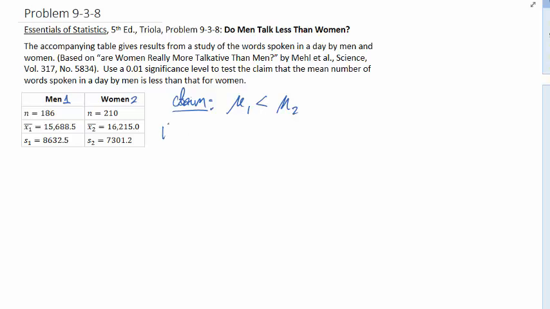More importantly, we want to assign our null and alternative hypothesis. Since this is a statement that does not contain a condition of equality, that will be assigned to H sub 1, our alternative hypothesis.